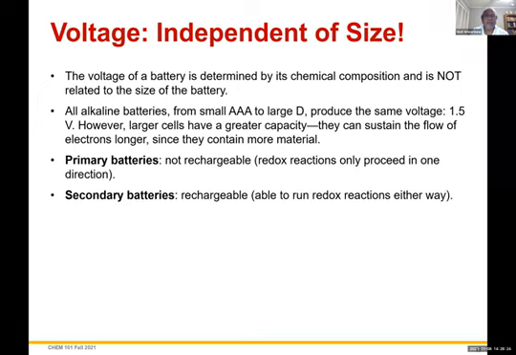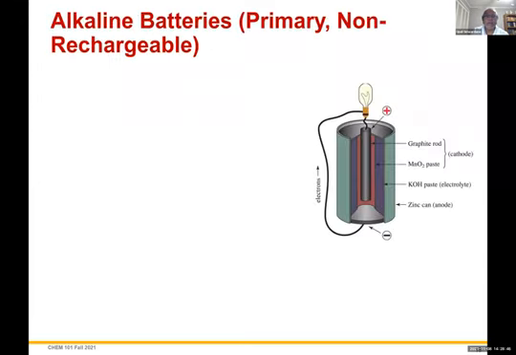Secondary is rechargeable, able to run the redox reaction either way. Charging is passing electrical current to produce the chemicals to renew the voltage of the battery.